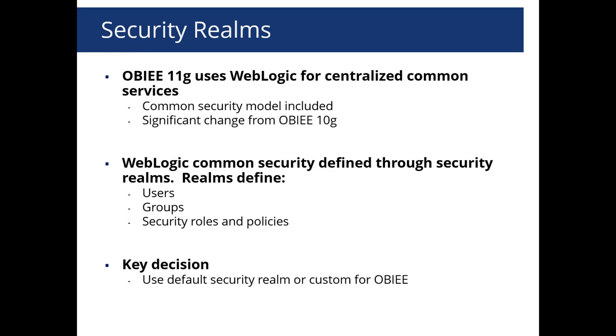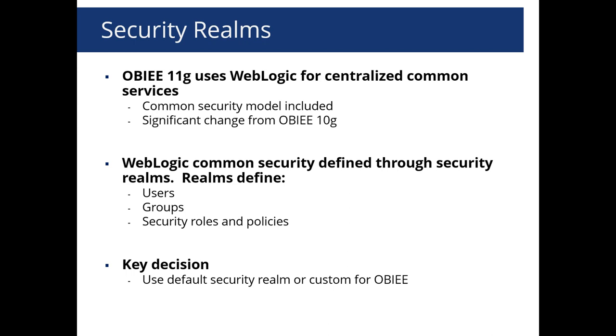A few more slides here just to help frame some vocabulary that we'll be using. WebLogic thinks in terms of security realms. Think of a security realm as a container in which the common security constructs are defined.